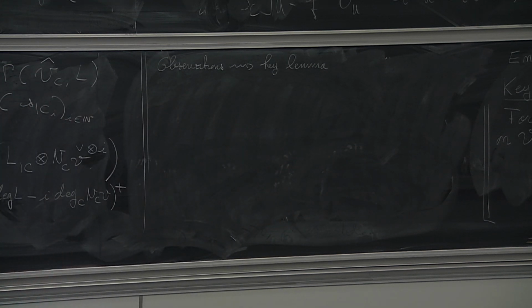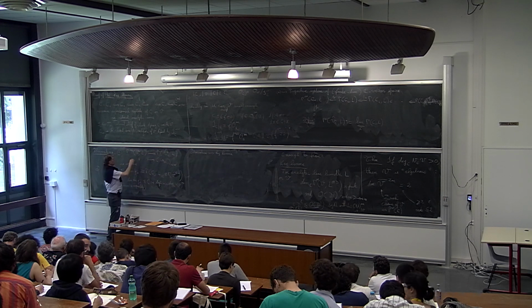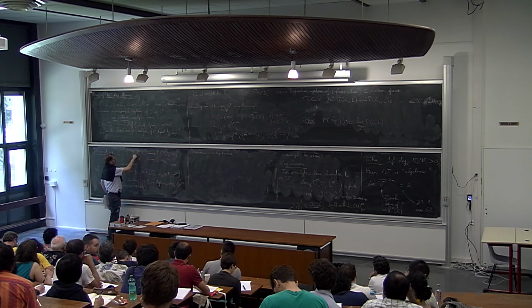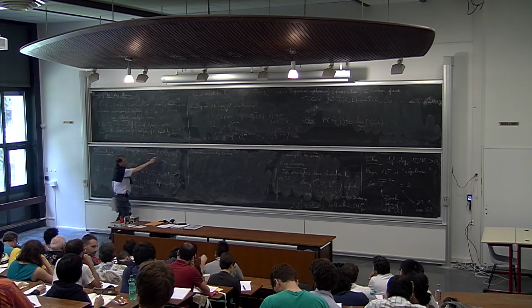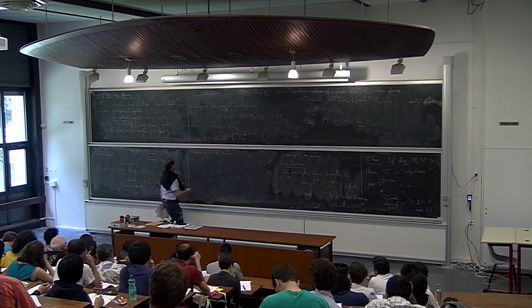So to bound, of course, you may apply this key lemma to L at the power D. To bound the dimension of this space, it's enough to bound the dimension of this one.